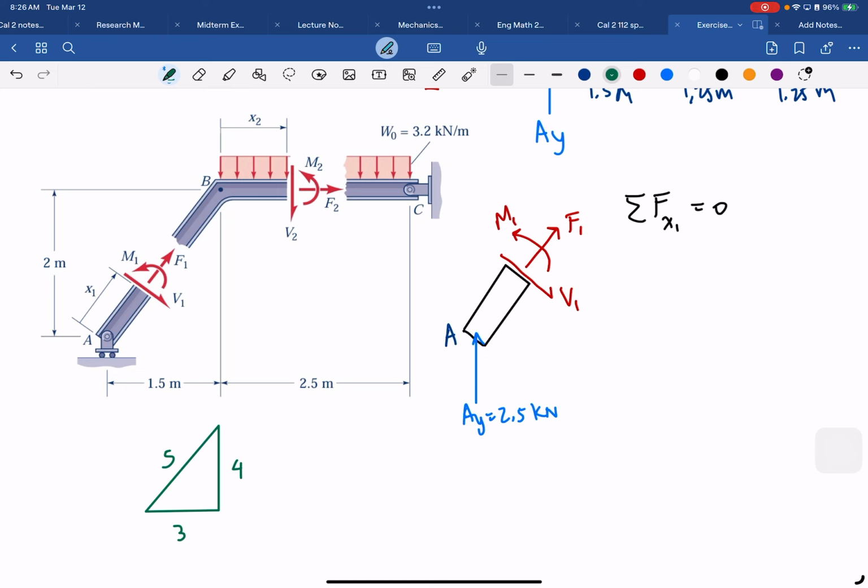Okay. So let me write here to make it longer. And then let me write that this F1 has a component. This one will be sine, so this will be 4 over 5 F1. This will be 3 over 5 F1, right?